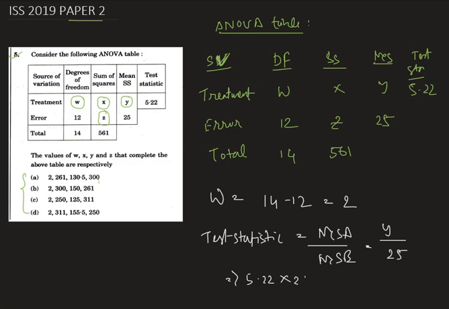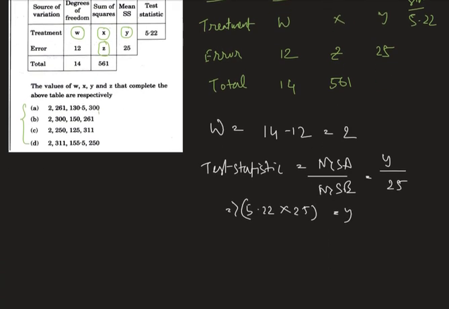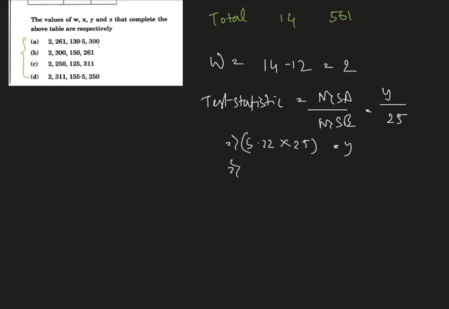Therefore the value of Y will be 25 multiplied by 5.22, which is 130.5.